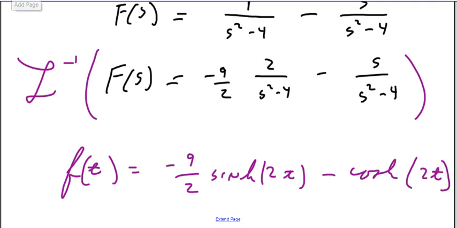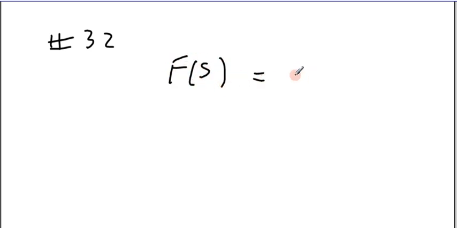And I lied to you, we're going to do one more. So we're going to do one more, and it's going to be number 32. And so F of s is equal to 2 over s, e to the minus 3s. No, that's 2 over s, not 2 over 3.